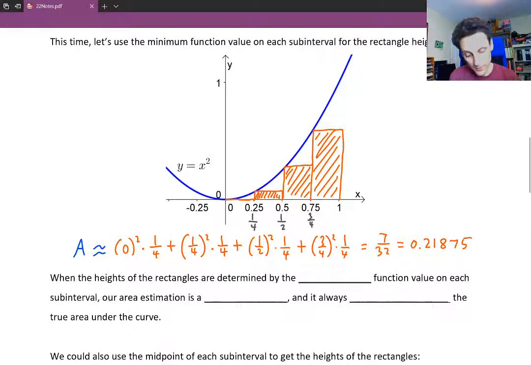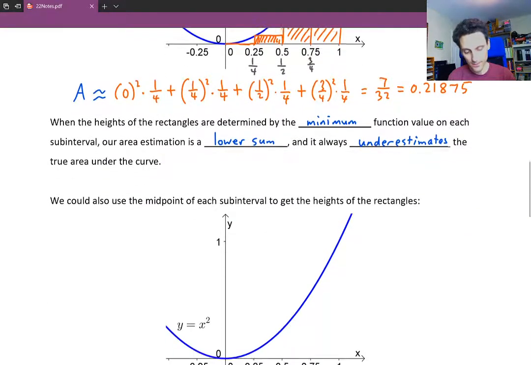So when the heights of the rectangles are determined by the minimum function value on each subinterval, our area estimate is a lower sum. That's what it's called, and it always underestimates the true area under the curve. So we have an upper estimate and a lower estimate.